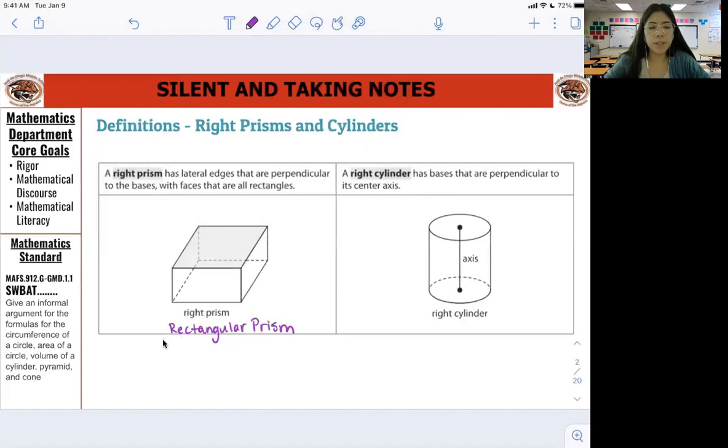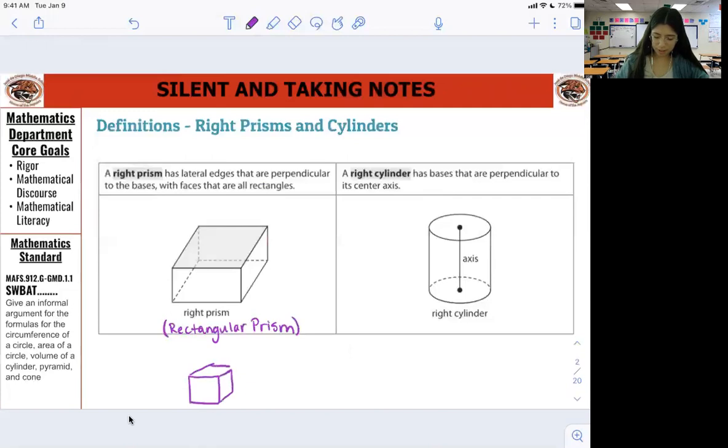So usually with a prism, the type of prism that you have would be the shape of the base. So since the base is a rectangle, this is a rectangular prism. What is it called if you have a prism where, let me draw one out, the base is a square?